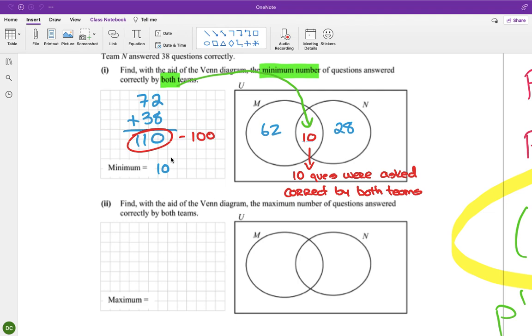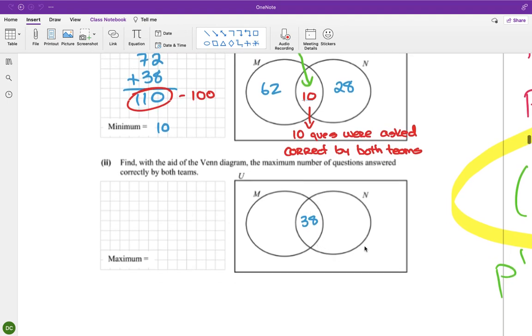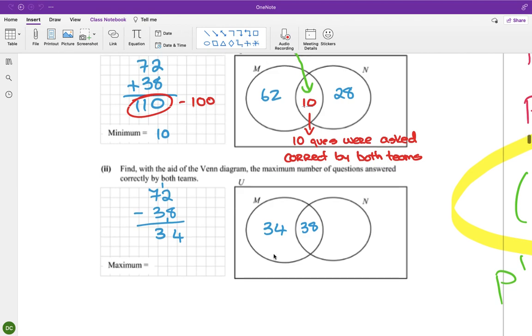So all 38 questions that team N got right, team M also got right. Again, team M has to come to a total of 72. So if we do 72 minus the 38 that we've already put in there, that is 34 that goes out here. So in both cases we follow the rules.